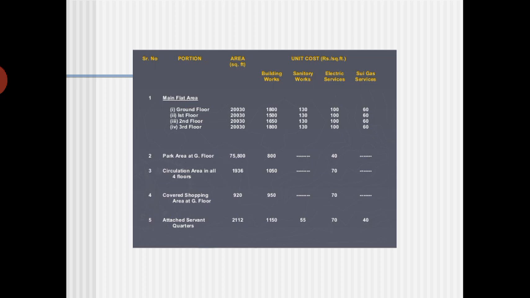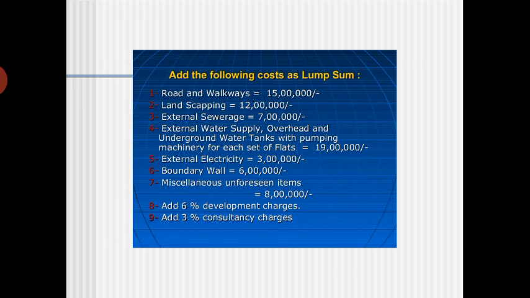Then you can calculate based on that. Finally, these are the costs of the total: roads and walkways, landscaping, external sewage, external water supply. This is how you have to work it out. Let's see how much you get with the previous data which I have already supplied.